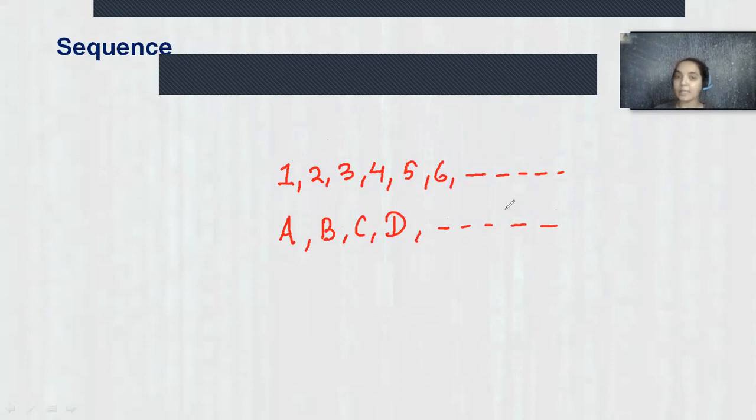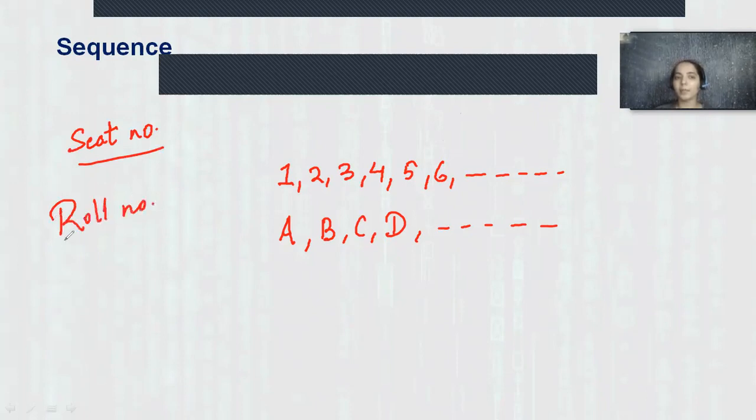If I give you an example of sequence, I can say your seat number in your classes, your roll number at the time of your exam, or we can find a lot of other ways to see sequence. Now, why do we write 1, 2, 3, 4, 5, 6? Why not 6, 5, 4, 3, 2, 1? Why do we write A, B, C, D, not D, C, B, A?